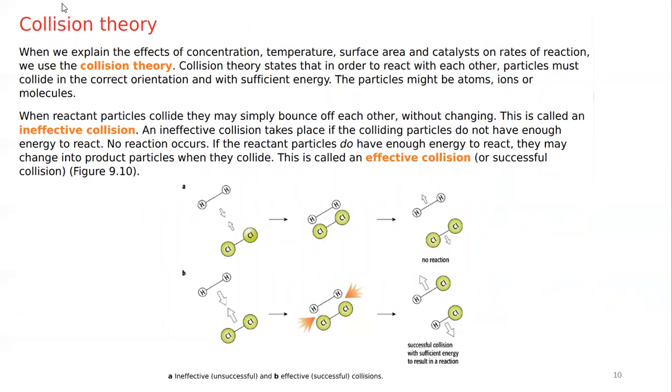After the rate of reaction, we are going to see the collision theory. So how are we going to explain it? In order to react, particles must collide in the correct orientation with sufficient energy.